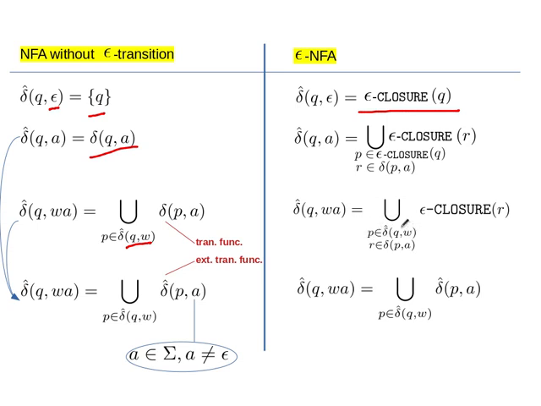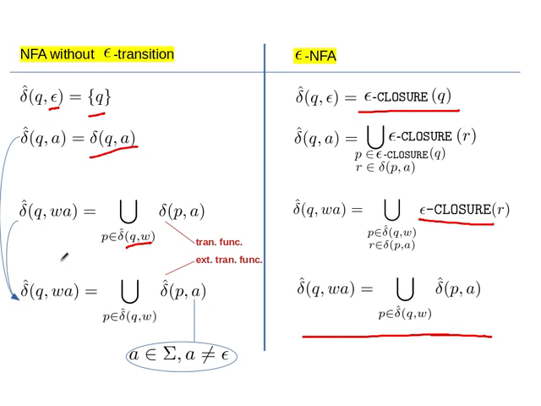First we take this and then take this, and then take the epsilon closure of this thing. So we need to keep on taking this epsilon closure. But now you see that with this equation that we just proved for epsilon NFA, things look much cleaner, and in fact it's the same expression that we get for NFA without epsilon transition.